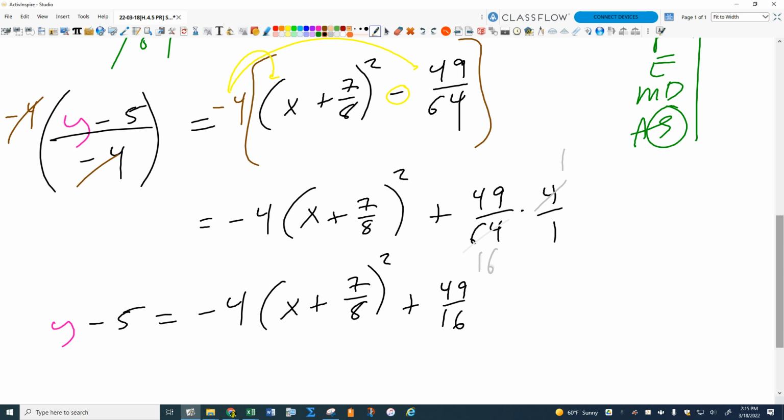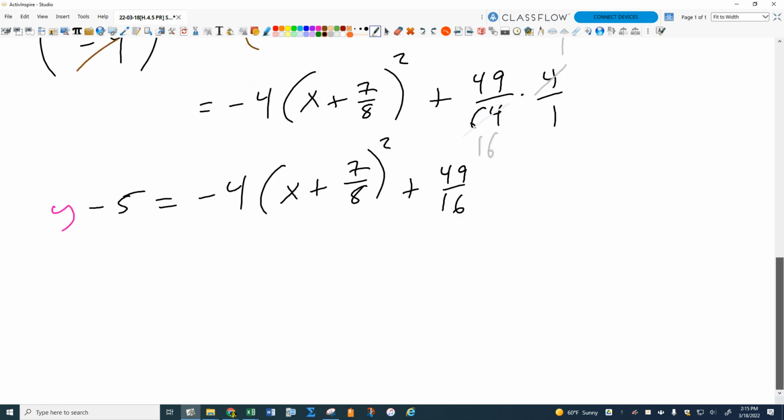Last step, I think we said it. To get the y by itself, add 5. There you go. So if we add 5, the 5's cancel. And all I have to do now is just combine those like terms, right? I have to get a common denominator for my 5. 5's over 1 right now, so what would I have to multiply 5 over 1 times to get a common denominator?